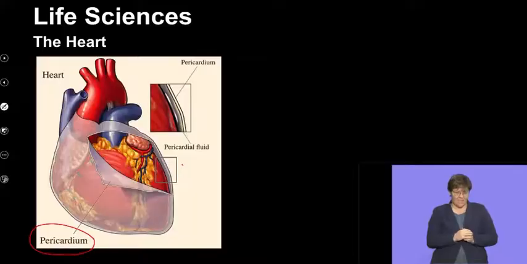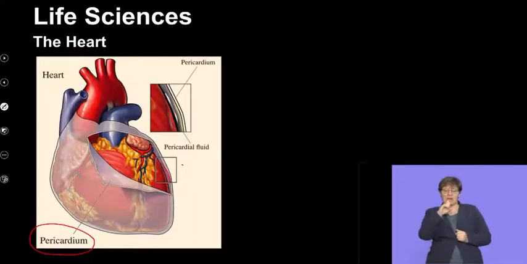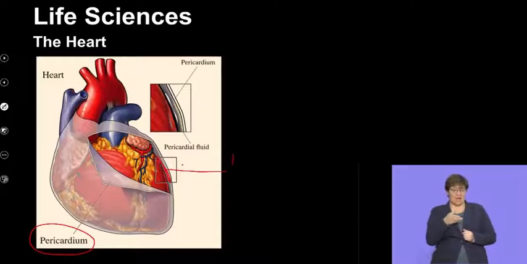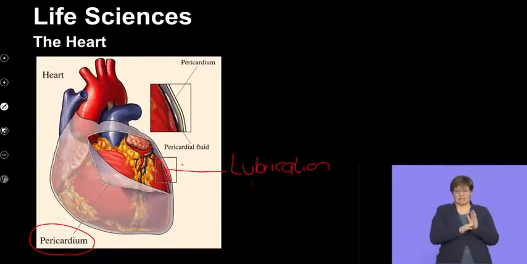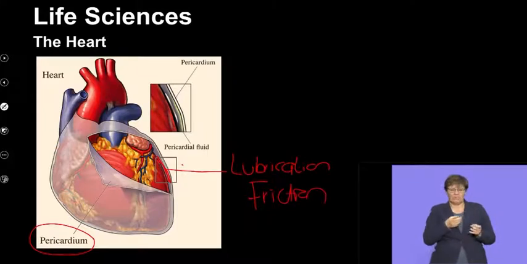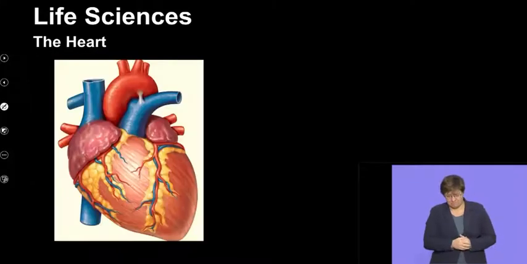That little cover just makes sure that when it does that, the movement is nice and smooth, and that it's protected and lubricated, because there's going to be a little bit of fluid. Can you see there? We've got a little bit of fluid, and what's the fluid there for? For lubrication. And what do we need lubrication for? To protect it from friction, so that we don't have friction against the heart. We don't want to have that at all.